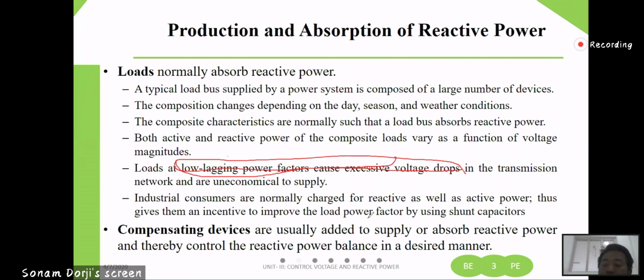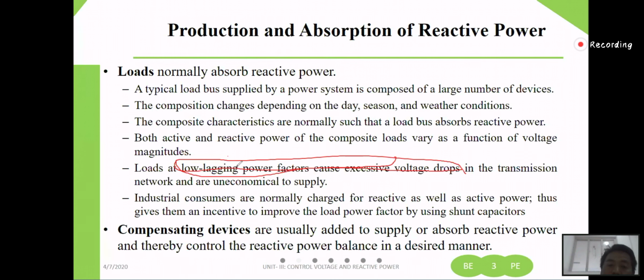For example, here the BPC asks all these large consumers to have power factor improvement facilities, for example shunt capacitors. If they improve it, the utility provides incentives in terms of monetary or other benefit.